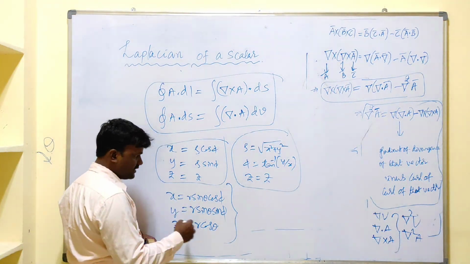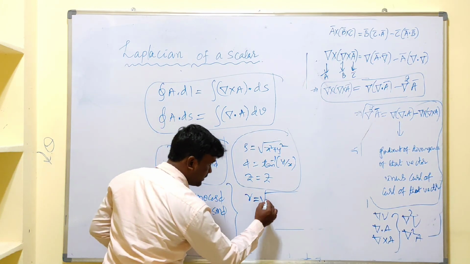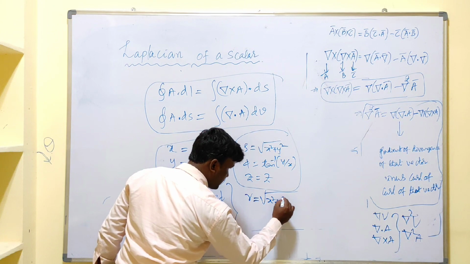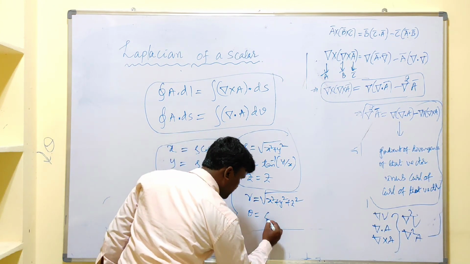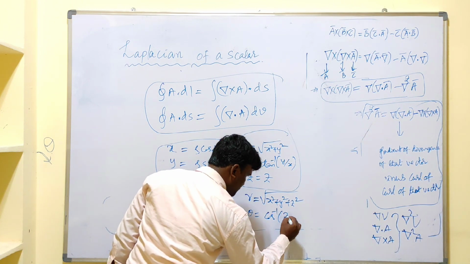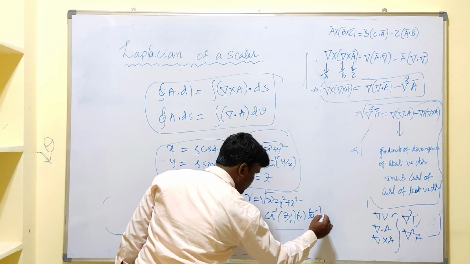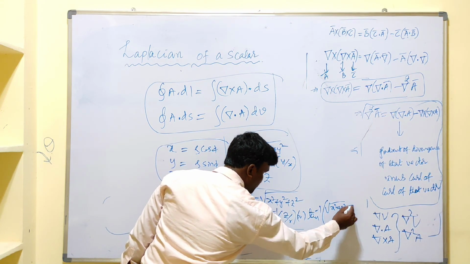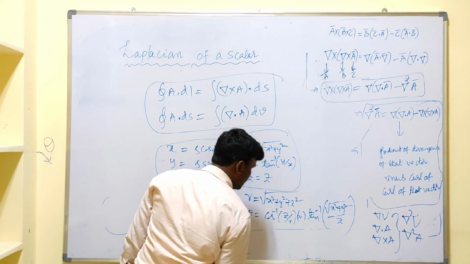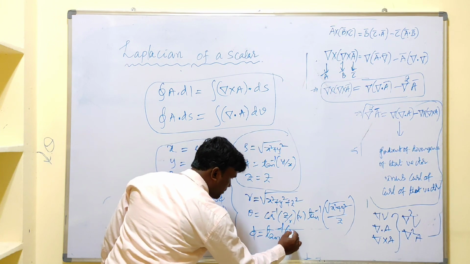Suppose I know x, y, z, how can I find r, theta, phi? r equals under root x square plus y square plus z square, theta equals cos inverse of z by r, or tan inverse of under root x square plus y square by z, and phi equals tan inverse of y by x.